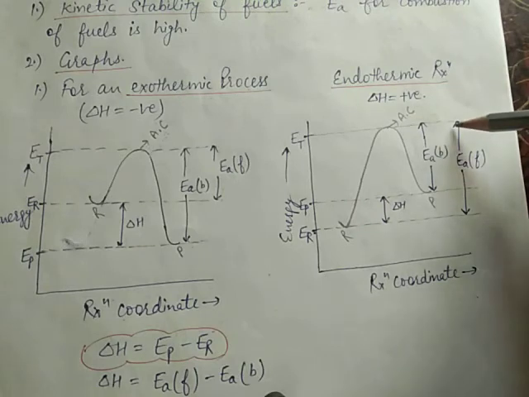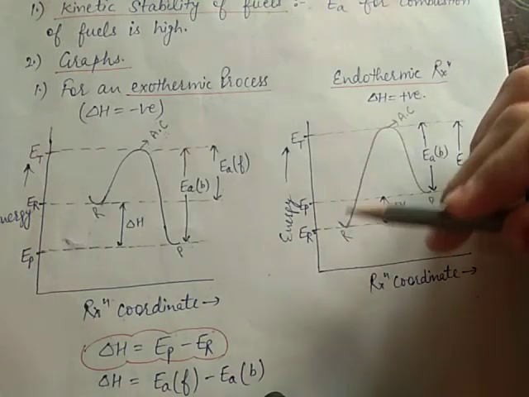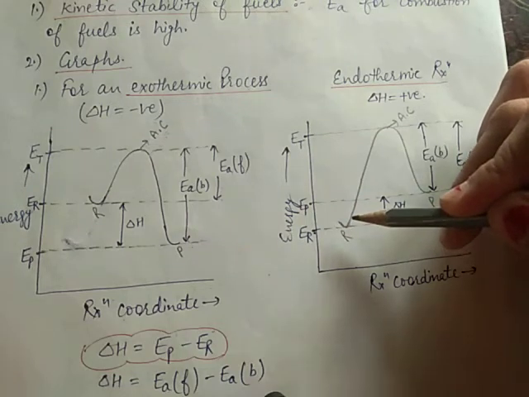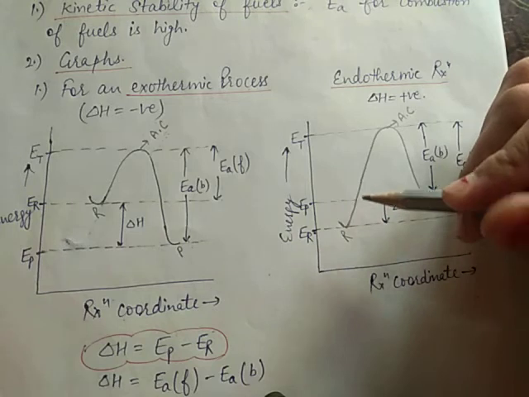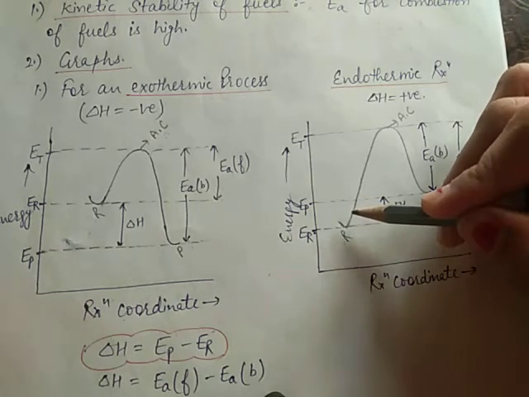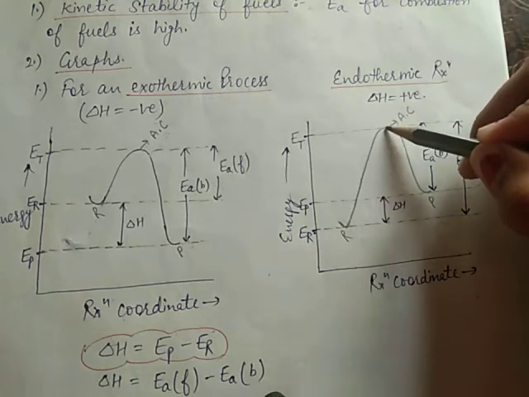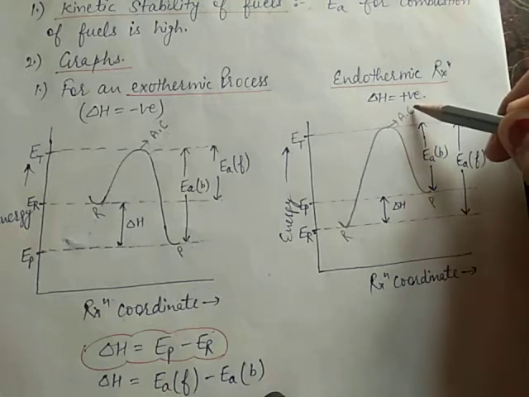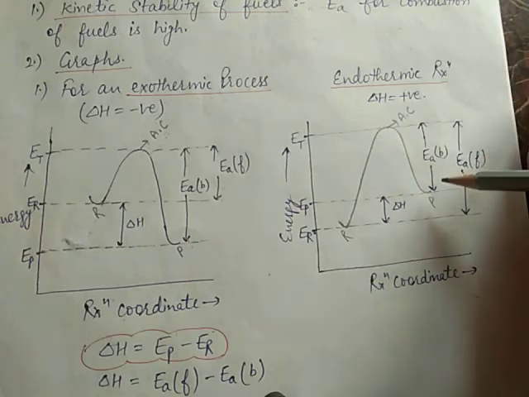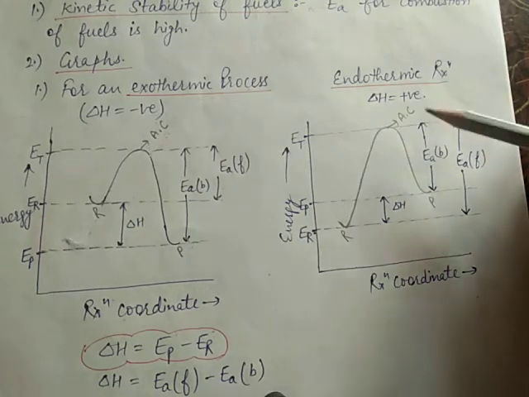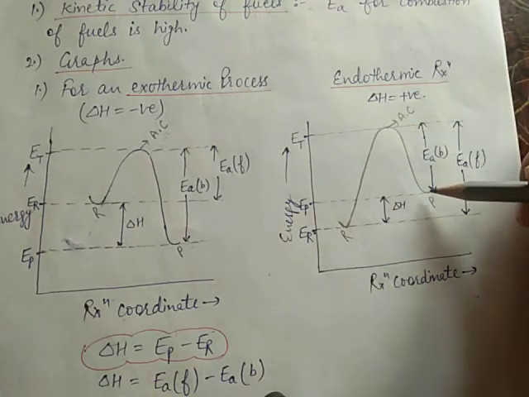But in case of endothermic reaction, energy is absorbed, means reactant absorbs the energy, and after that it must collide with each other, this is effective collision, and after that it will form an activated complex or transition state. In transition state, bonds are breaking and new bonds are formed simultaneously, and it changes into the product.